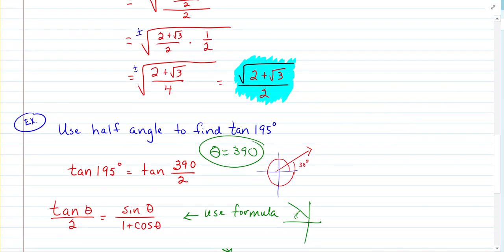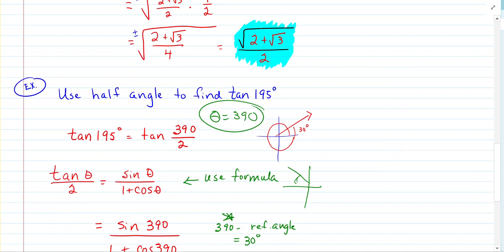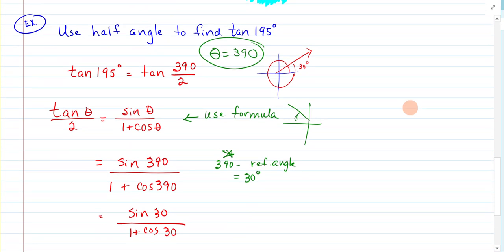All right, use the half angle to find tan of 195. Well, if we double 195, 2 times that gives us 390. If you went around, that's 360. There's 30 more. So 30 is going to be our reference angle, and we do know 30. So tan of theta over 2, there's a formula.